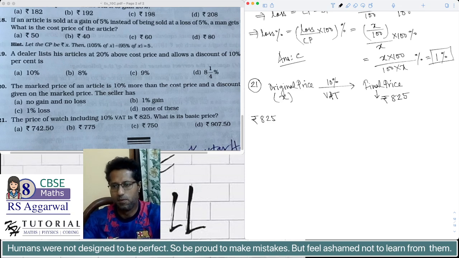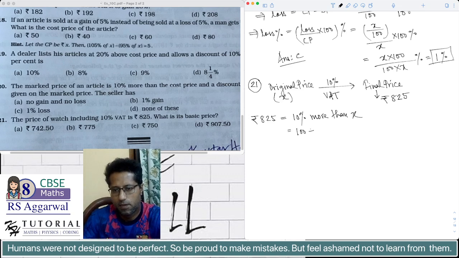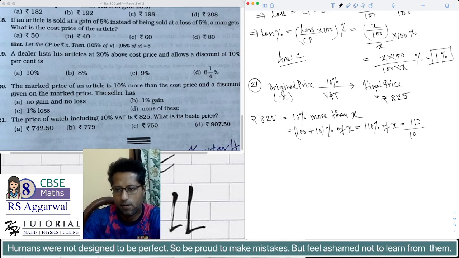So we can say that rupees 825 should be equal to 10% more than X. This is equal to 100 plus 10% of X, which is 110 divided by 100 multiplied by X, which is 11X by 10.